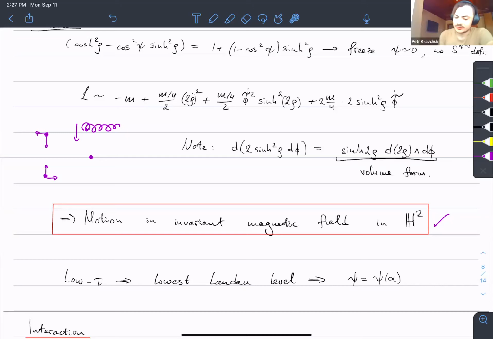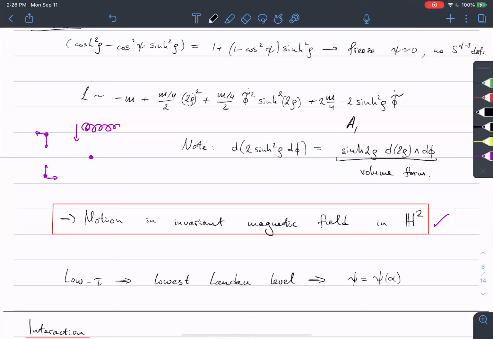Sorry, phi here is an angle, so it's not the field. Yeah, I understand, but it's just written out in components. So are you asking how it's a scalar? It's not really a scalar. Are you asking how it's invariant? It's a coordinate. I understand it's a coordinate, but shouldn't it be contracted with something?